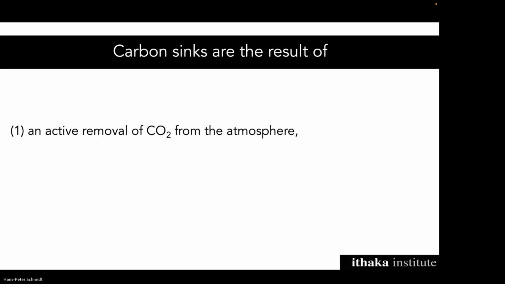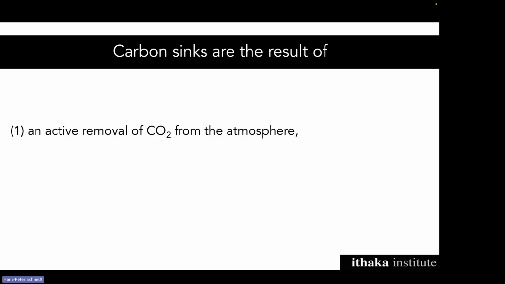So, as I said also in the beginning, a carbon sink essentially consists of three distinguished things. The first one is it comes from an active removal of carbon dioxide from the atmosphere.